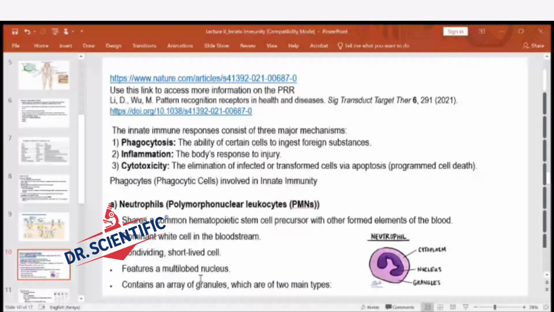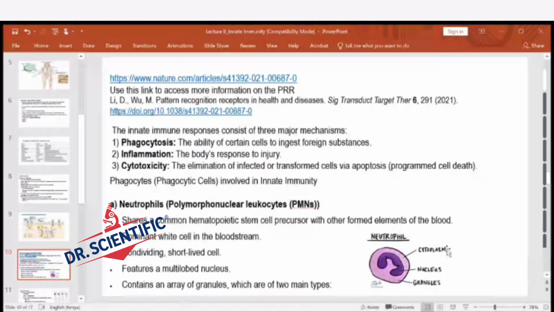These granules enable the cell to interfere with the invader and ultimately kill it. So ideally, this is how the neutrophil looks, with a multi-lobed nucleus. That is what makes it different. And then within the cytoplasm, we have granules, and we have two types of granules.